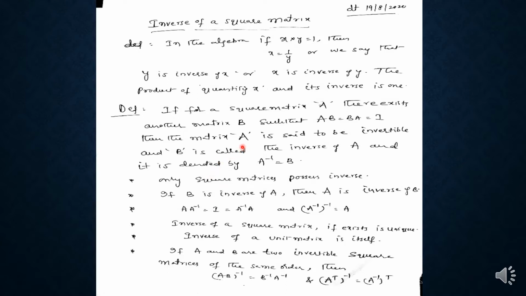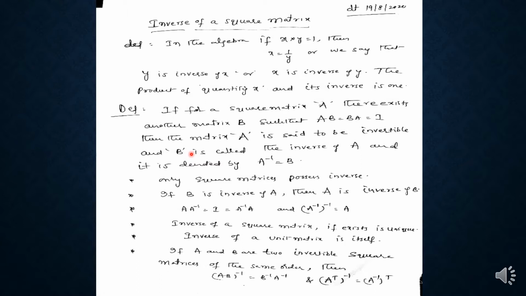If the matrix is a non-singular matrix, then only its inverse exists. For a singular matrix, there is no inverse. So what is a non-singular matrix?